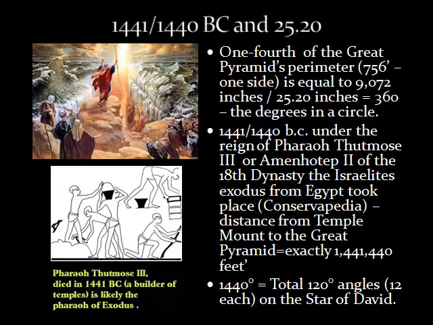1441 or 1440 BC, under the reign of Pharaoh Thutmose III, or Amenhotep II of the 18th dynasty, the Israelites' exodus from Egypt took place, according to Conservapedia. Now, the distance from the Temple Mount in Jerusalem to the Great Pyramid is 273 miles.